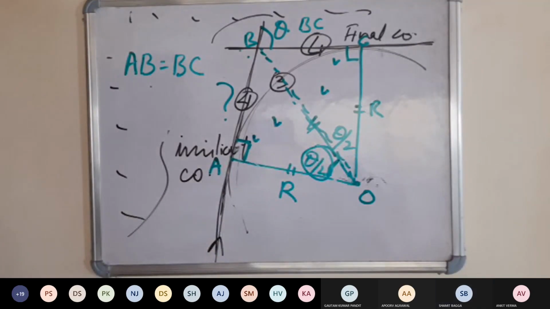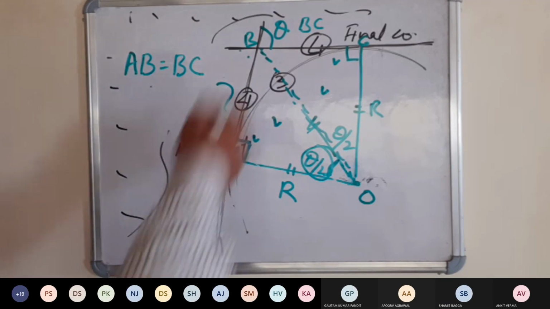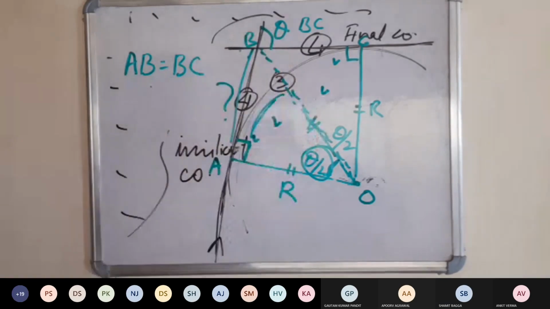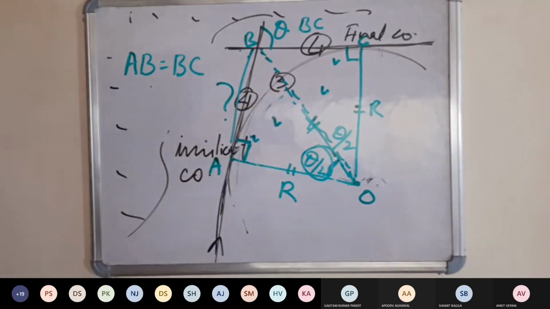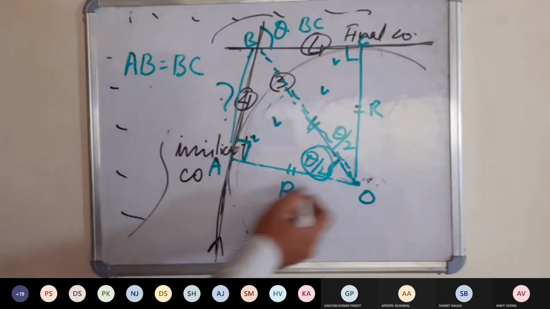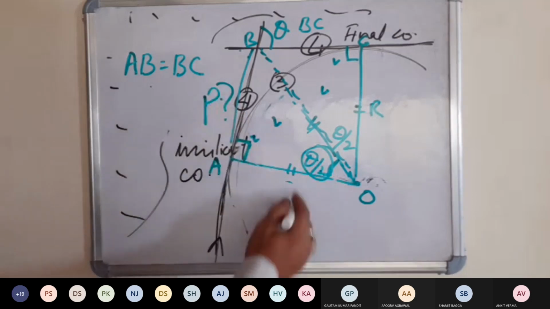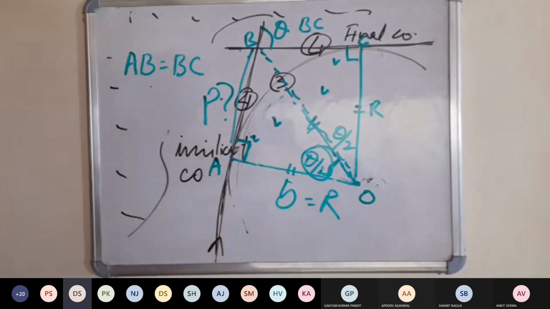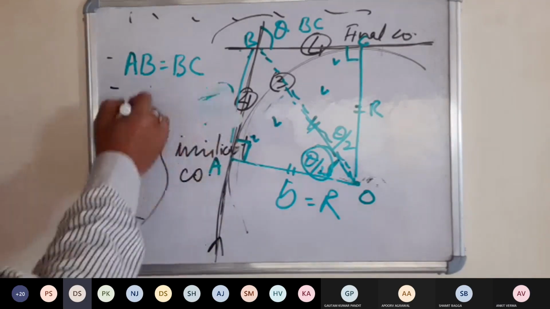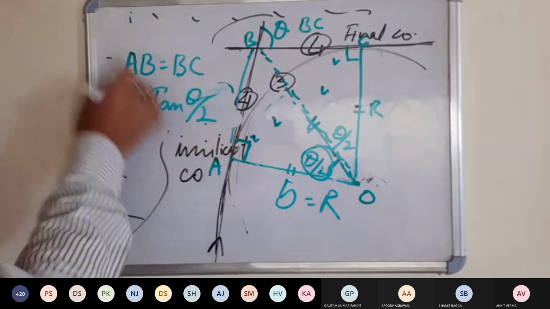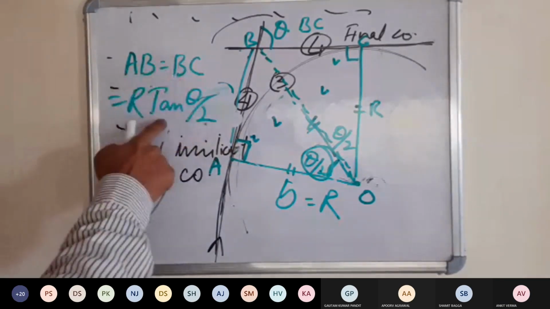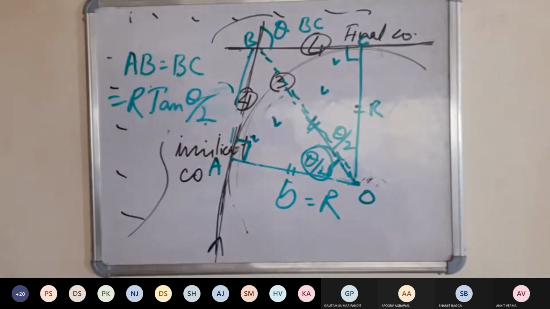R theta कहाँ से आ गए? हम इसकी बात कर रहे हैं, यहाँ की बात थोड़ी कर रहे हैं. We want the relationship between perpendicular and base, which is R. Sir, R tan theta by 2. Yes, AB is equal to BC is equal to R tan theta by 2.